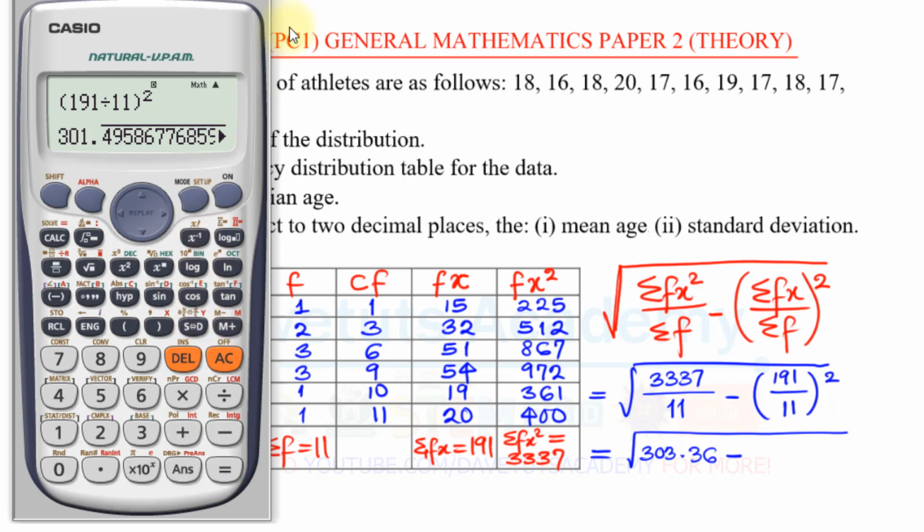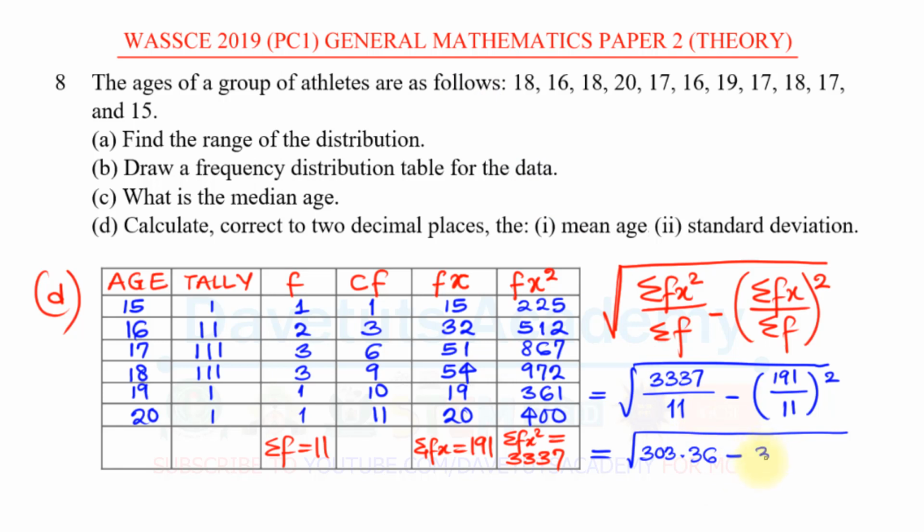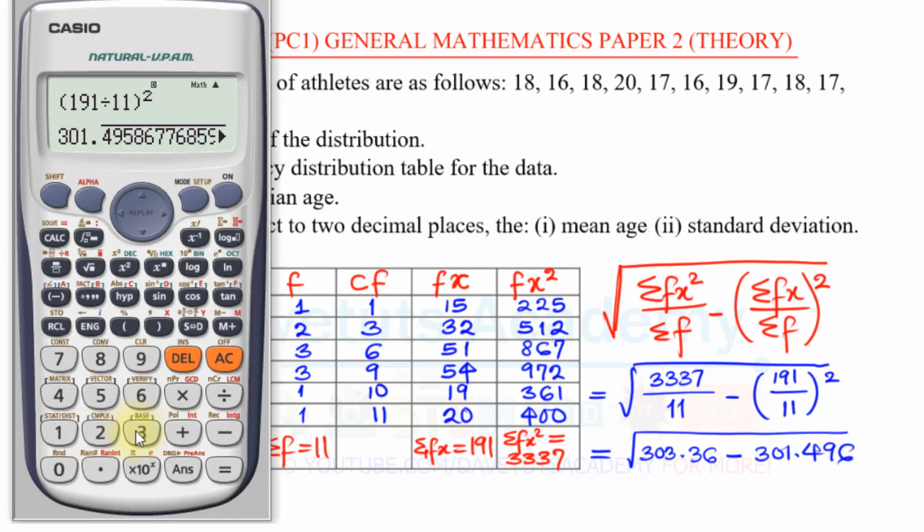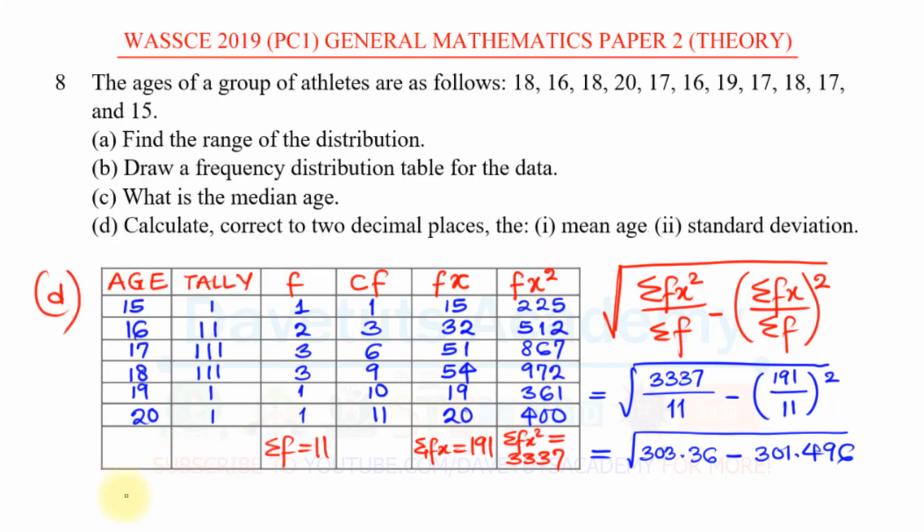That is 301.496. So we have to subtract that. I told you initially this is a repeated value, 303.36 minus the answer we just got. So we have 1.8677.